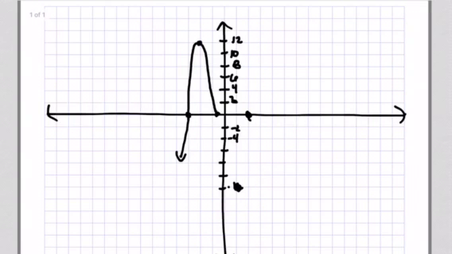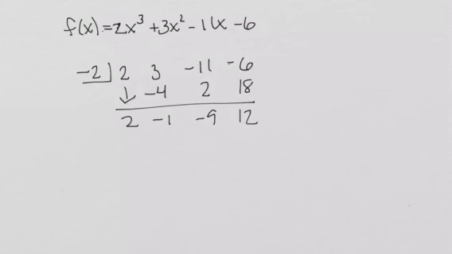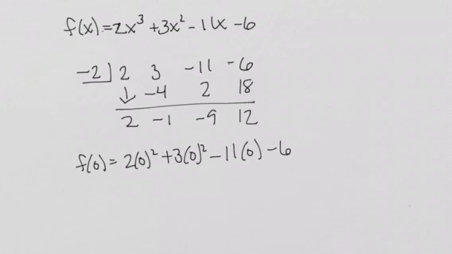Now, to be more accurate, we could find our y-intercept where x is 0. So if we let x equal 0, looking back at our function, f of 0 is 2 times 0 cubed plus 3 times 0 squared minus 11 times 0 minus 6.